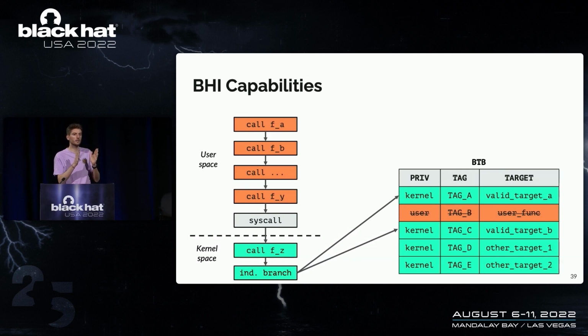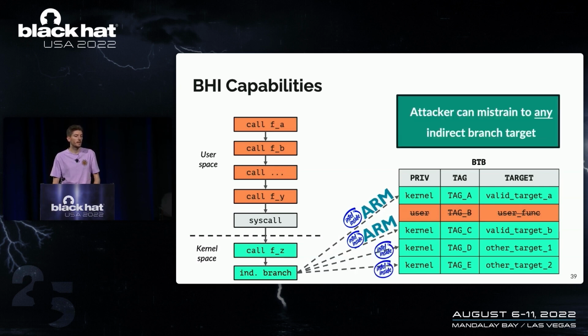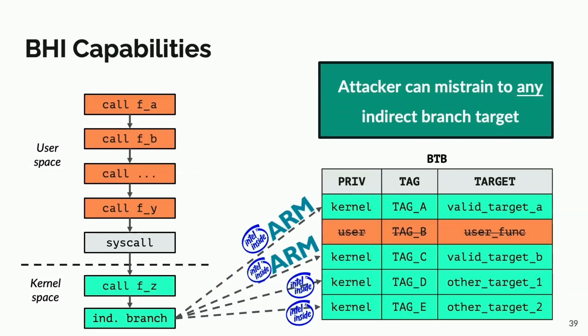So we control only the history before performing the mode switch from user to kernel space. As we demonstrated on Intel and ARM CPUs, you can speculate to the valid targets in a very precise way, just by controlling the history. But the best comes for Intel processors, where you can actually speculate wherever you want. This is quite powerful because you really enlarge your attack surface.